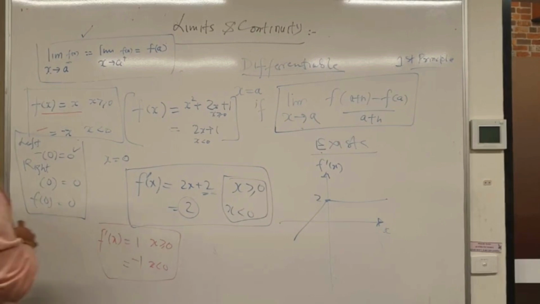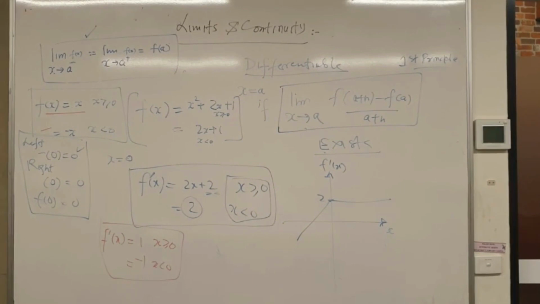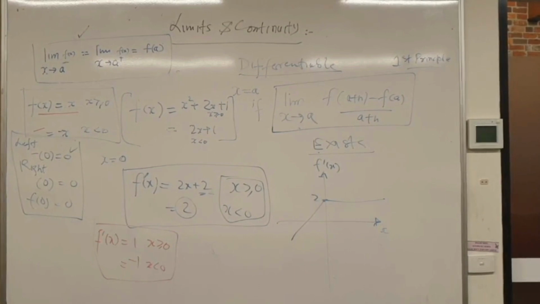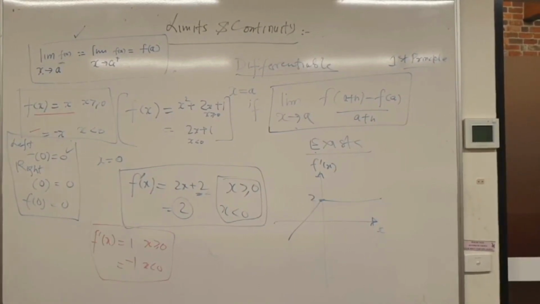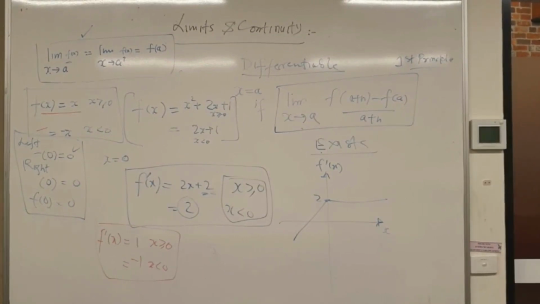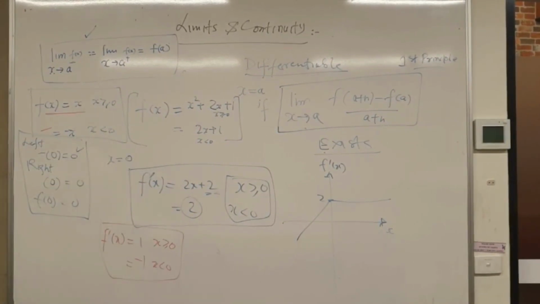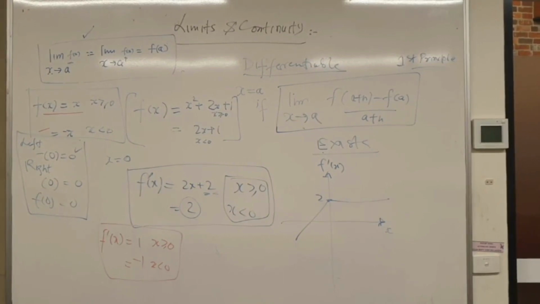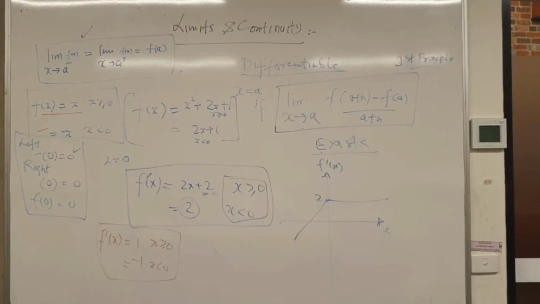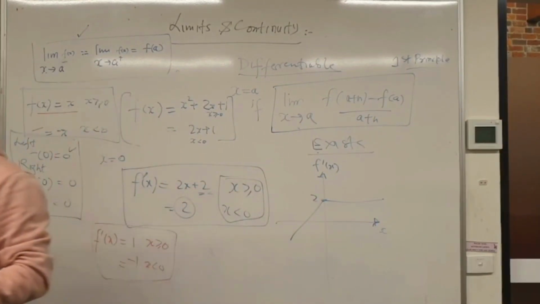Make sense? Yeah? How do you know whether they want you to do it with the differentiation? They will give you the function, and for the rule, find f dash x and prove whether the function is differentiable or not. Or find f dash x and draw the graph. That does not harm continuity.